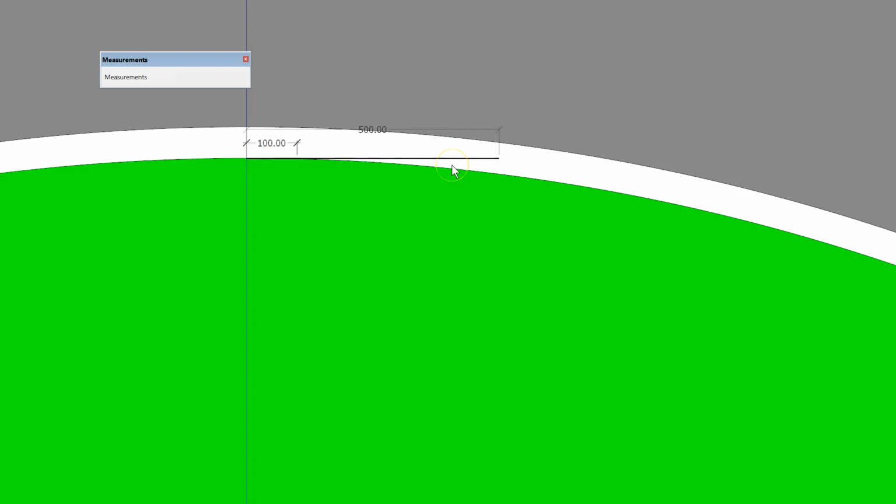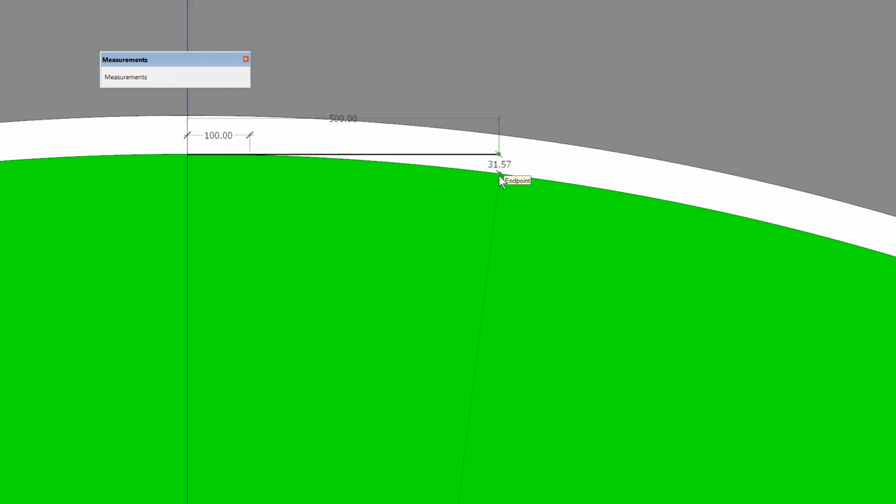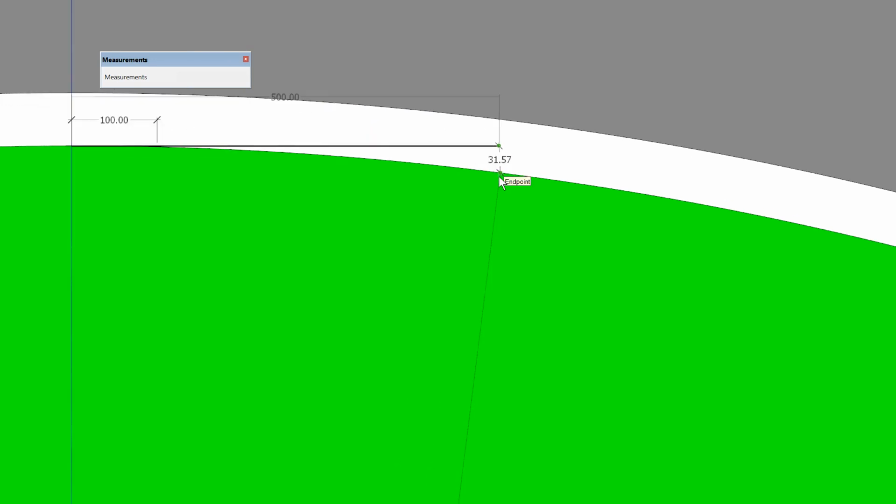Okay, so the distance here down to the earth, if you went out 500 miles, is almost 32 miles, 31.6 miles. We're not talking feet here, we're talking miles. That is just phenomenal, right?